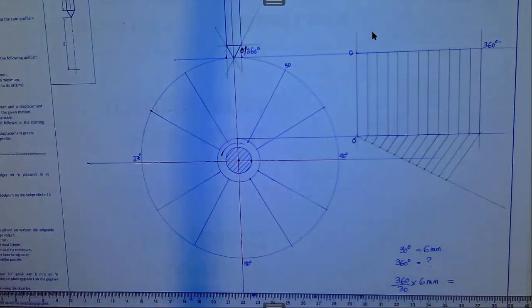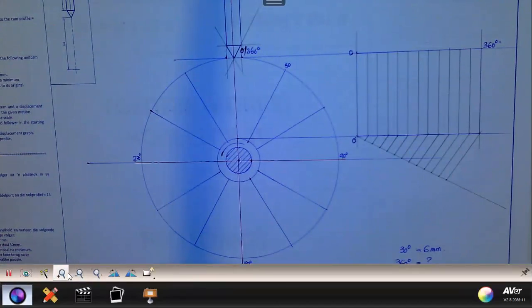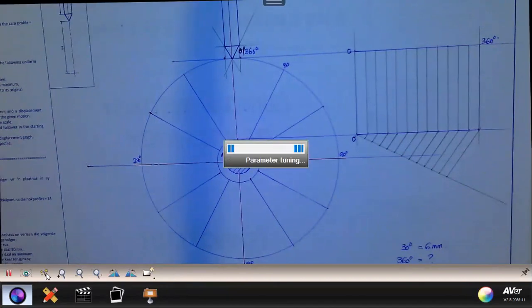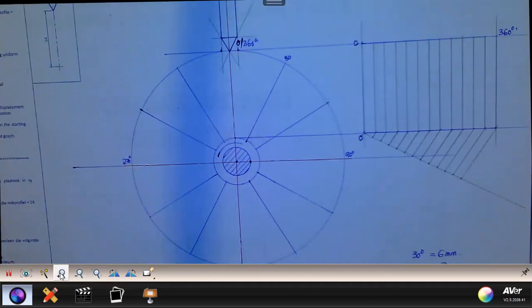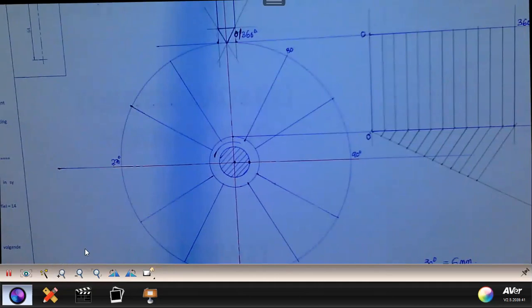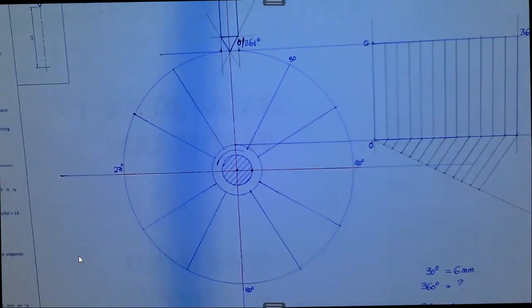Let me check if I can increase the light, just to increase the clarity of our diagram, like that.